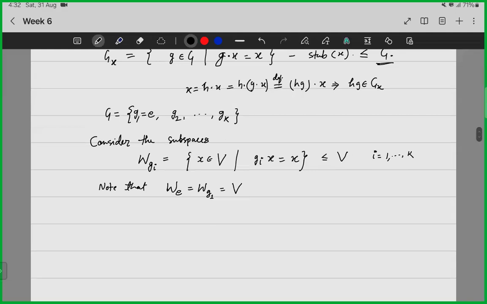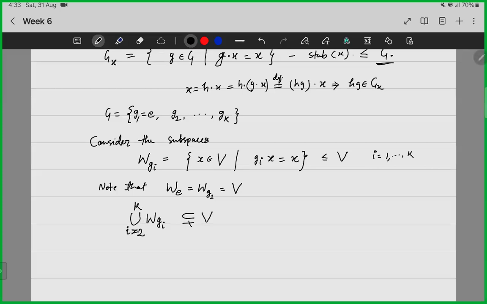This is just because identity fixes all the elements of V. Other than identity, we will collect this: the union of W_gi for i from 2 to k. This is a proper subspace of V.